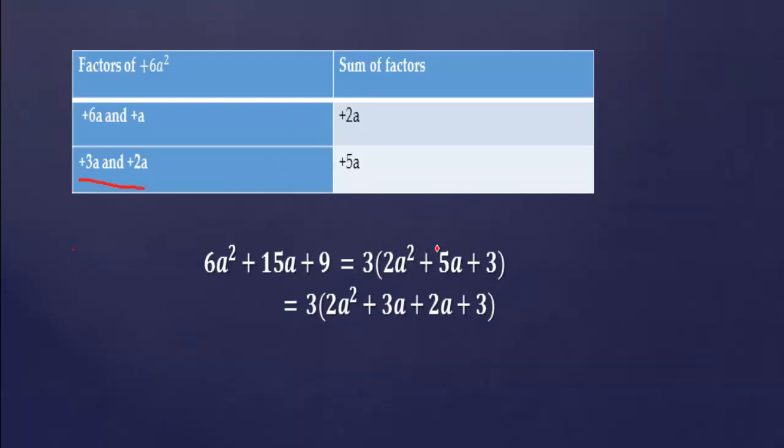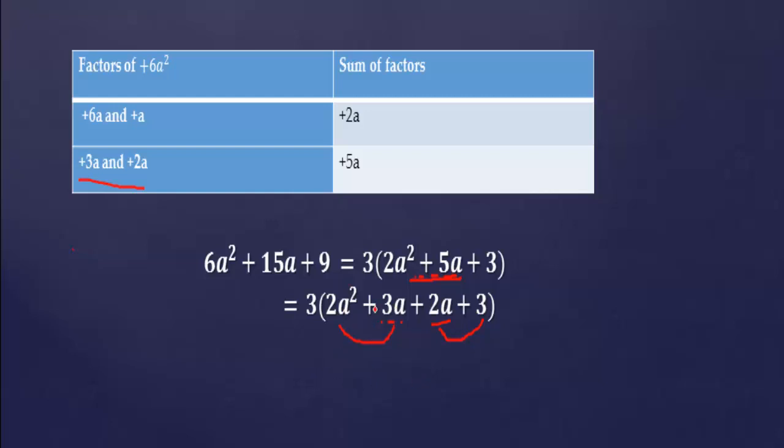So now wherever you see plus 5a, put plus 2a and plus 3a. Use this to find the common factor.